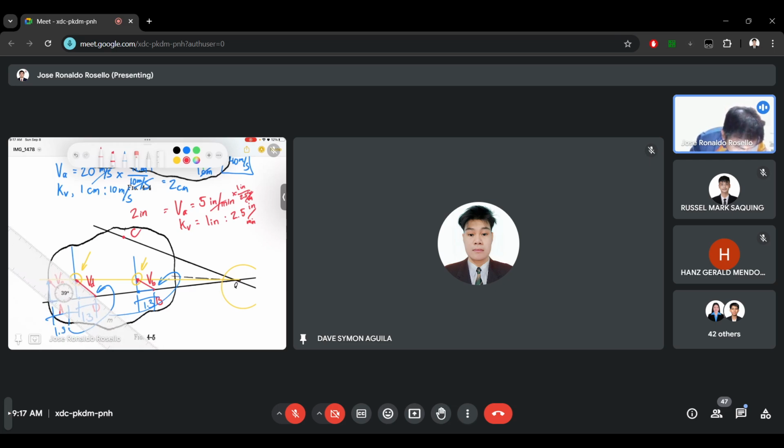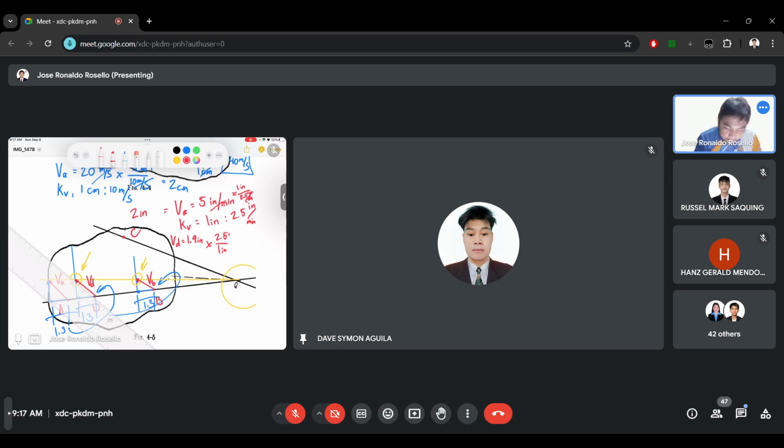Velocity D is around 1.9. If velocity D is equal to 1.9 inch, we have to multiply it by our velocity scale, which is for every 1 inch, we have 2.5 inch per minute.